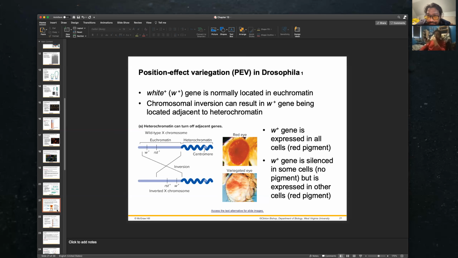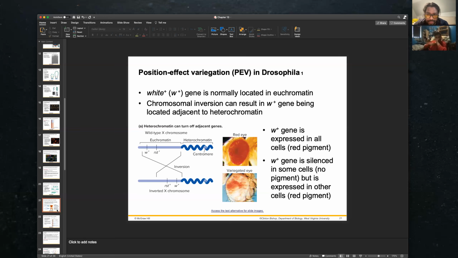Codominance is when they're a mix of the two, like pink. Variegation is where it's not going to be red, not going to be white, and not going to be a mix like codominant.